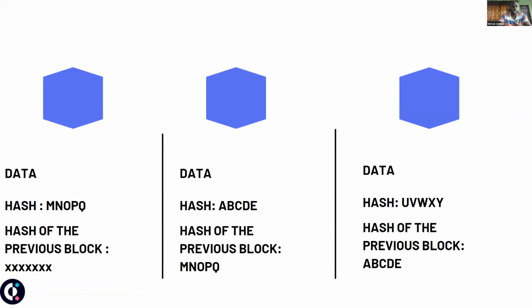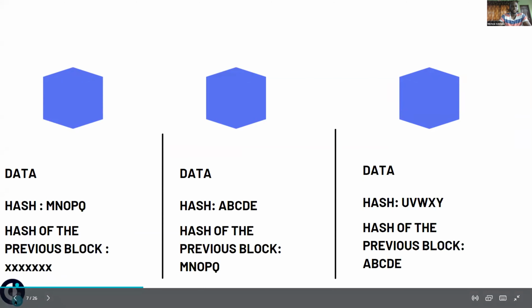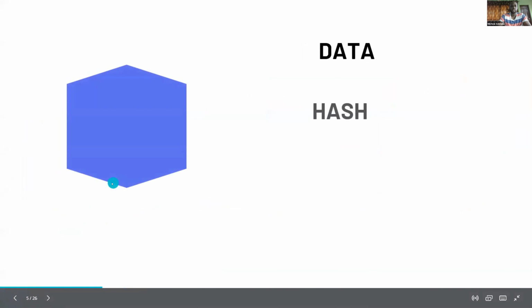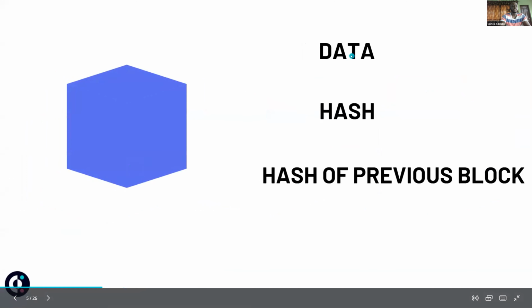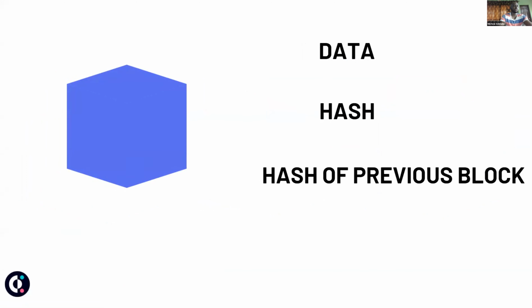How do we see blockchain as being secured? In the first place, you can see the data. The data consists of various elements like the sender, address, and the amount of the transaction which has taken place.